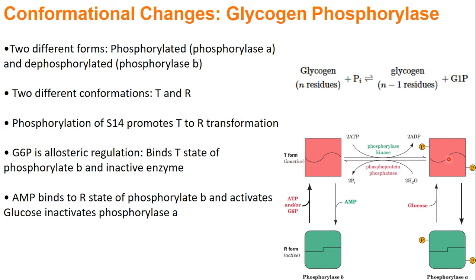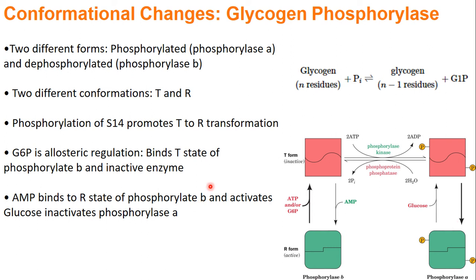When you become phosphorylated, you become phosphorylase A. Now you're much more likely to be in the R state. That's why these arrows here are much darker. They're showing preference. Phosphorylase B prefers to be in the T state. Phosphorylase A prefers to be in the R state.